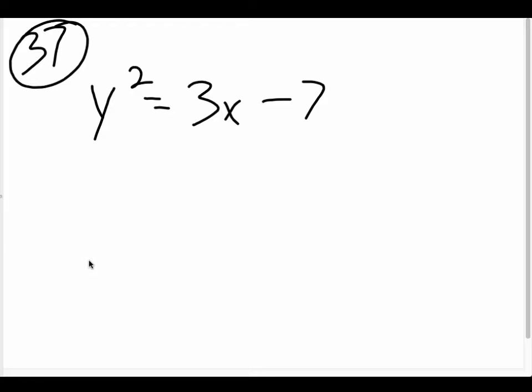All right. So retake. Problem number 37 asks us: is y squared equals 3x minus 7 a function? Okay. Now probably we said first of all, how do we determine if something's a function or not?